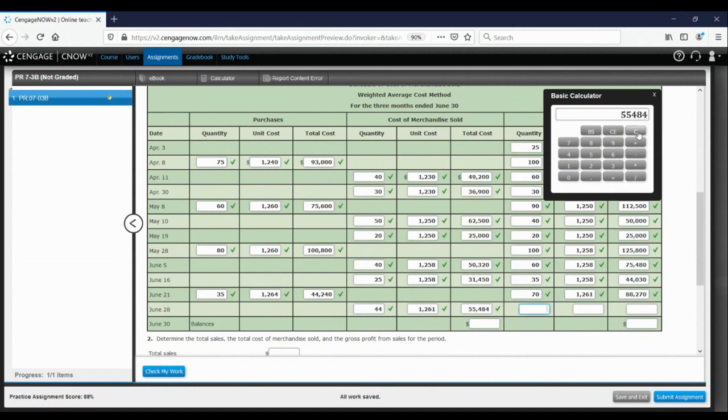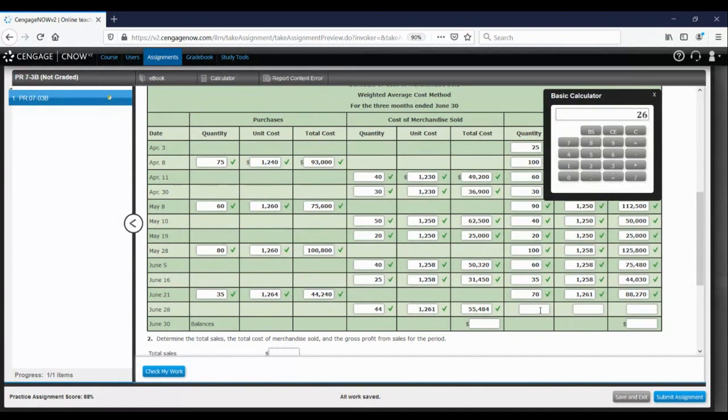To find what's remaining in inventory, we take what we had left from last date, which is June 21st. We had 70 units. We're going to subtract what we just sold on the 28th of 44 units.